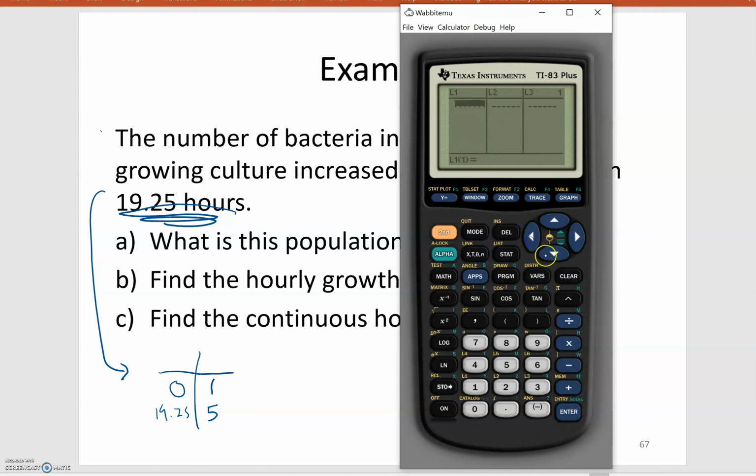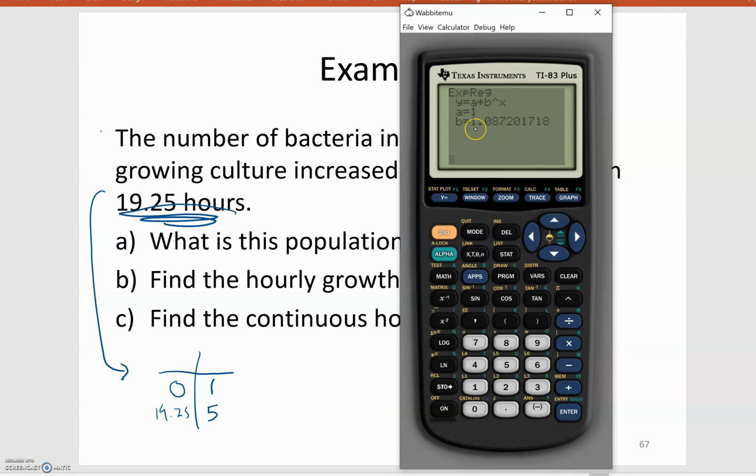Okay, so L1 is 0 and 19.25. And we're going from 1 to 5. And then I'm going to do exponential regression. And there's our model.